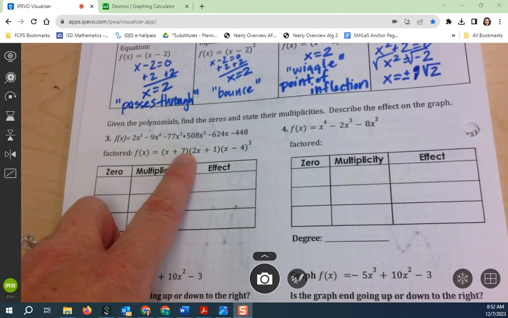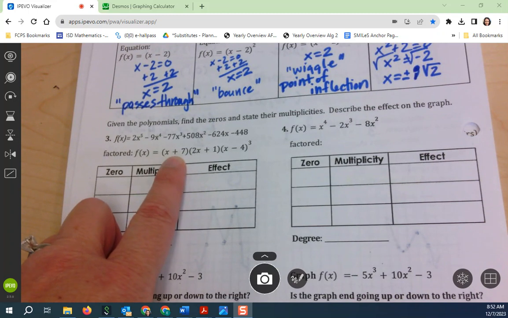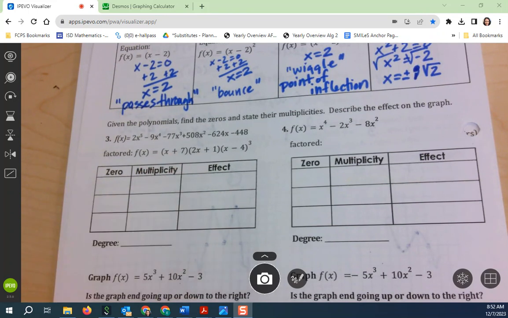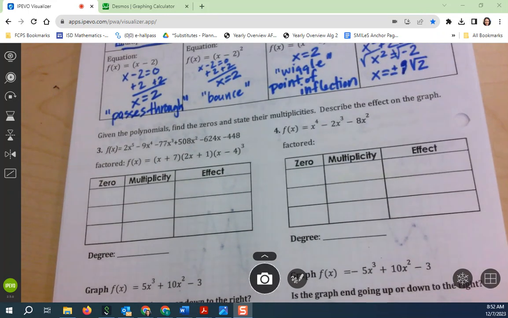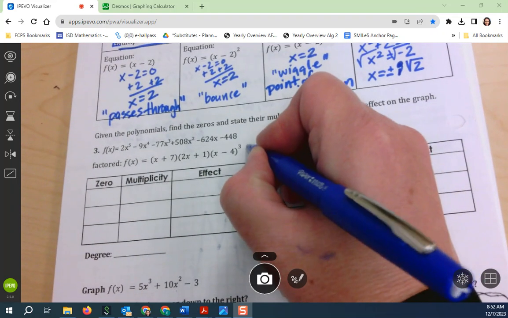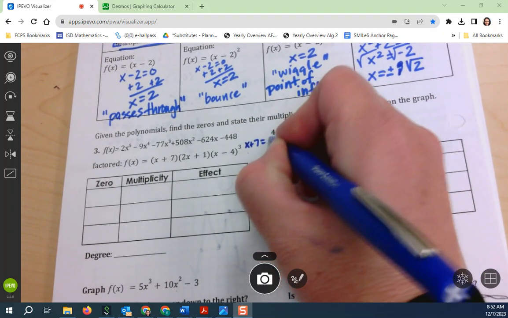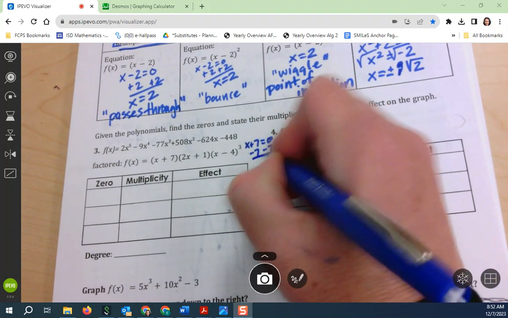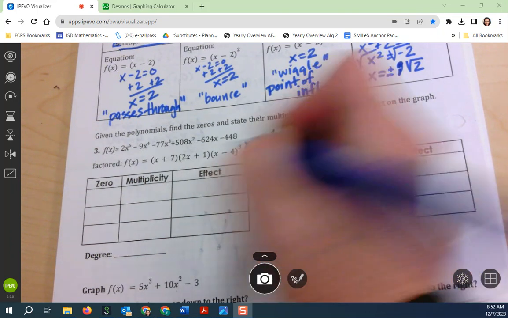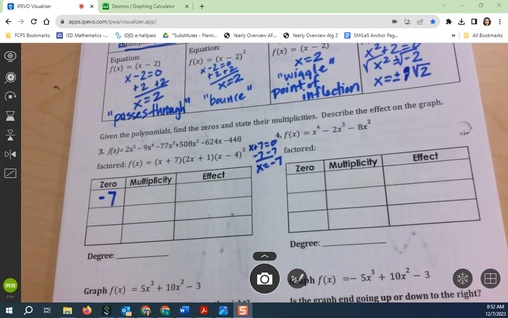So for example, if x plus 7 is a factor, what's the zero? -7. You guys get that? So you would write x plus 7 equals 0, and then you would subtract the 7 and get x equals -7. So -7 is a zero.